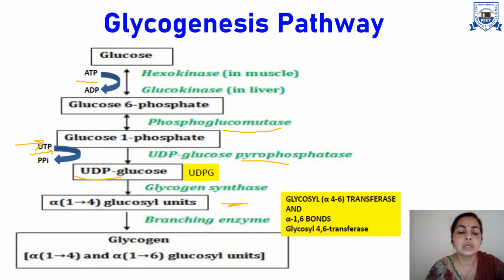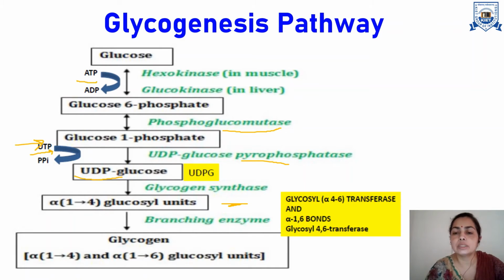Now this overall reaction you could summarize as n glucose units being used, with the addition of some ATPs, and then there will be formation of glycogen, along with generation of some ADP and phosphates. So in this way the glycogenesis pathway will lead to formation of glycogen.